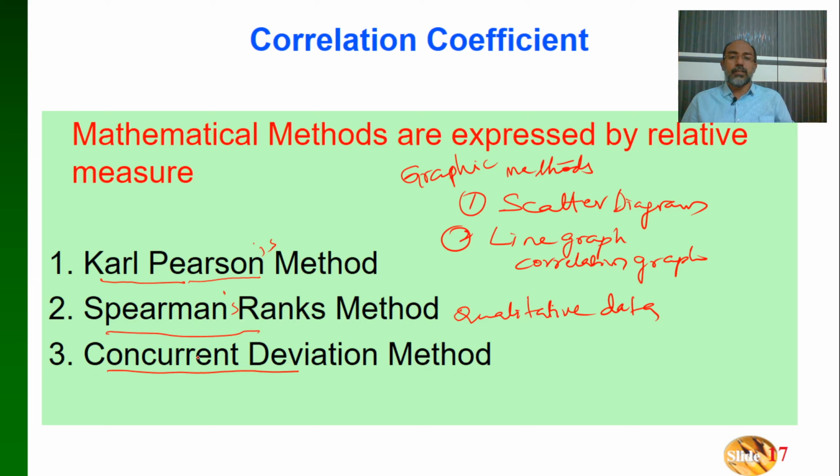The third one is a very simple method to calculate, but it is not subjected to any mathematical verification further. Okay, so we'll deal with the topics one by one.